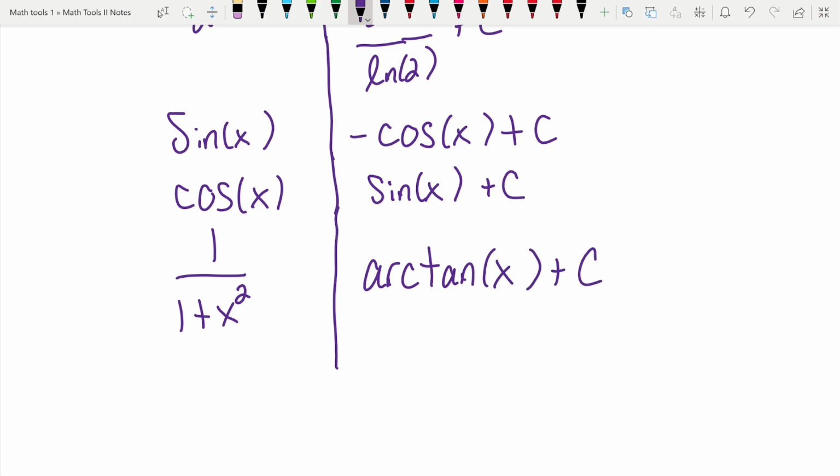We didn't talk about arctangent much in Math Tools 1, but this is just kind of a weird coincidence where this is a not too uncommon form of function that pops up with this trig function as the antiderivative.